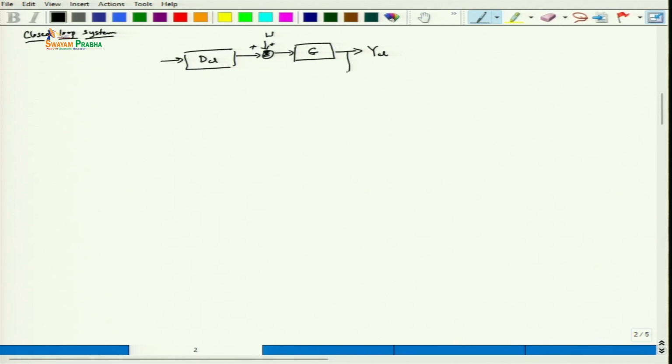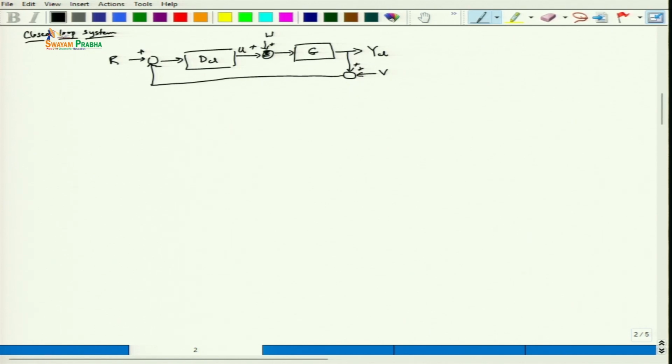What we do is we feed it back, and we consider the sensor dynamics to be 1, that transfer function is equal to 1, but we have some noise which gets added, denoted by V. And this output with the noise is subtracted from the reference to get the input for our closed loop controller, and we denote the output of the controller to be U.